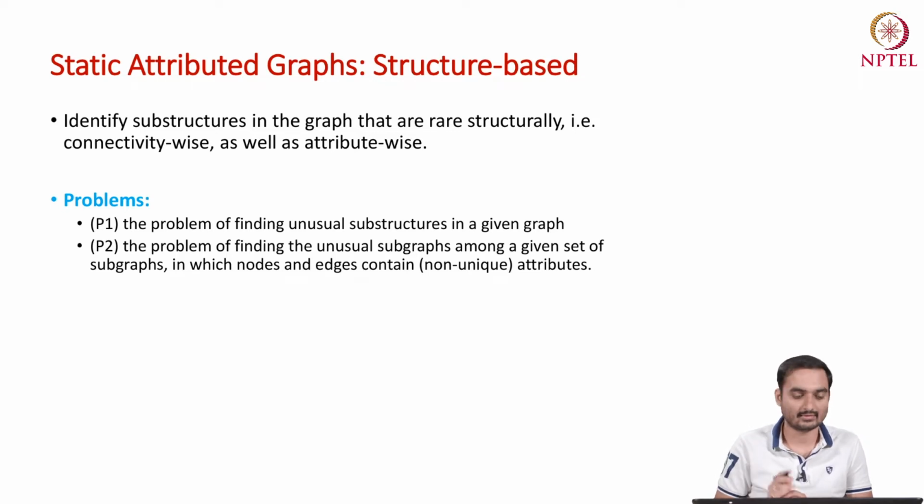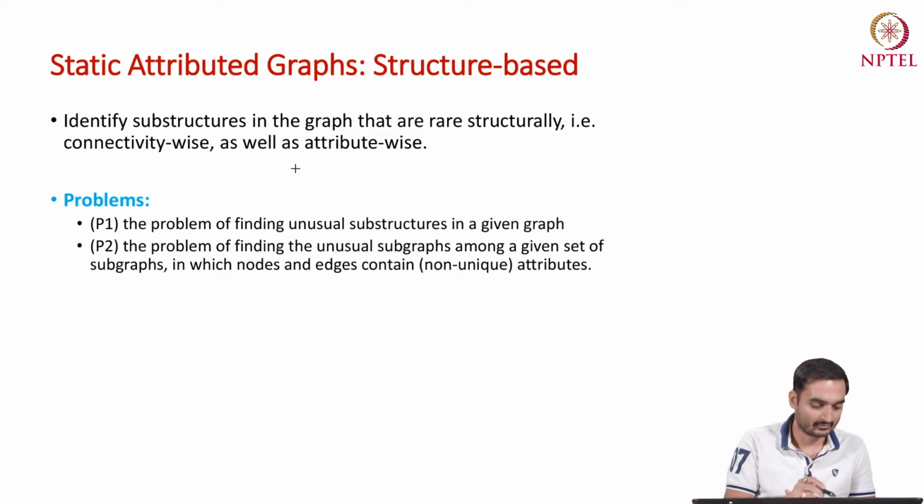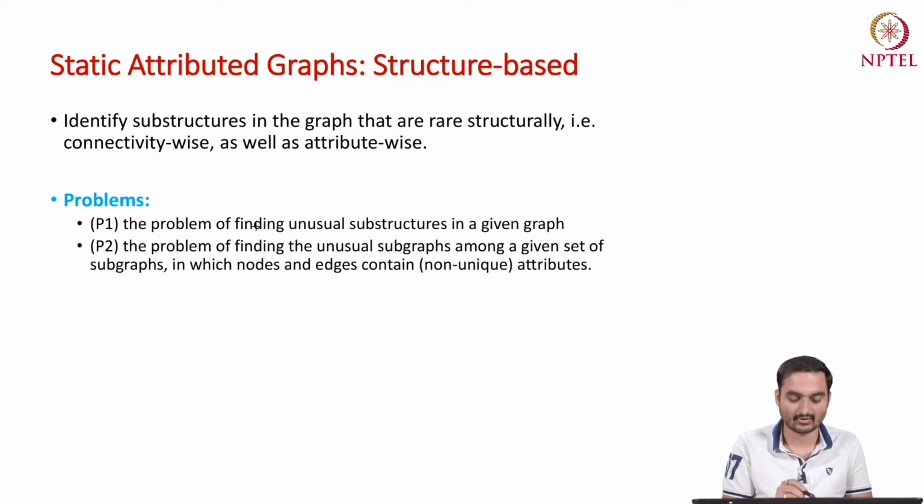In the structure based algorithm for the attributed graph, the task is to identify substructures in a graph that are rare structurally, that is connectivity wise as well as attribute wise. So what are the problems that we are solving here? The first problem is finding unusual substructures in a given graph, and once we identify an unusual substructure, the next task is to identify how unique that substructure is.